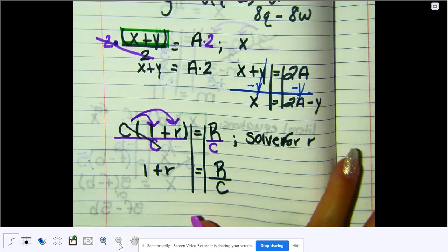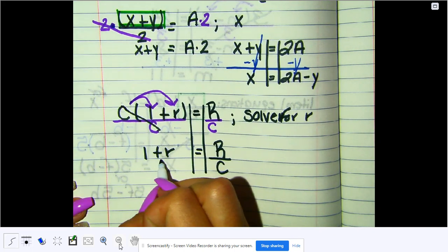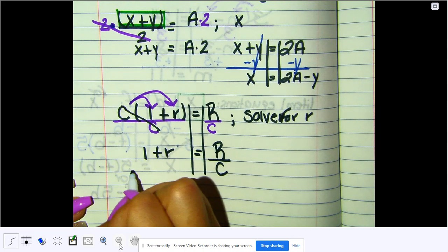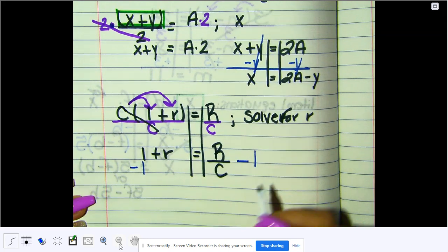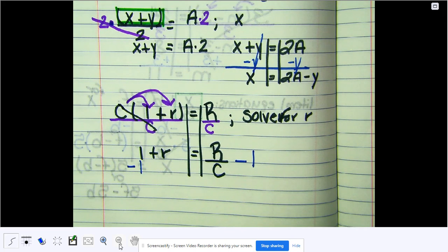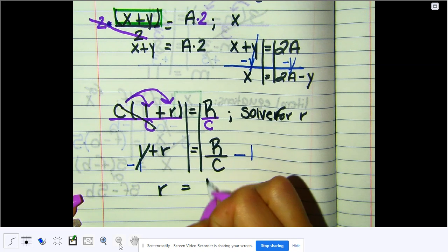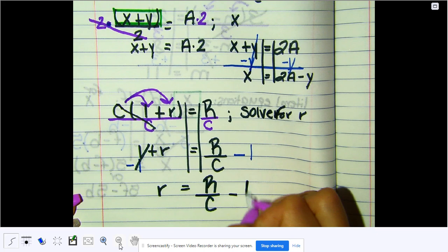Okay, we literally just write down what we see. And then at this particular point, we're ready to do the inverse of, we're wanting to solve for r, so we're going to do the opposite of this positive 1. So we're going to subtract 1 on both sides. 1 minus 1 cancels, so we're left with lowercase r is equal to capital R divided by c, subtract 1.